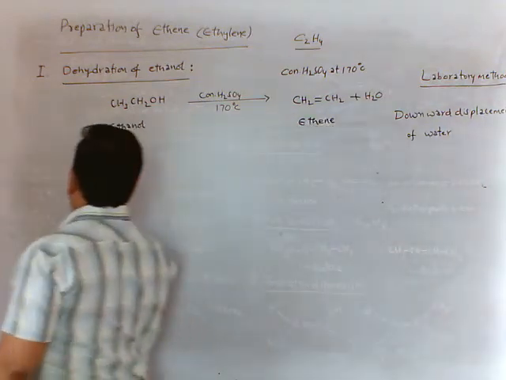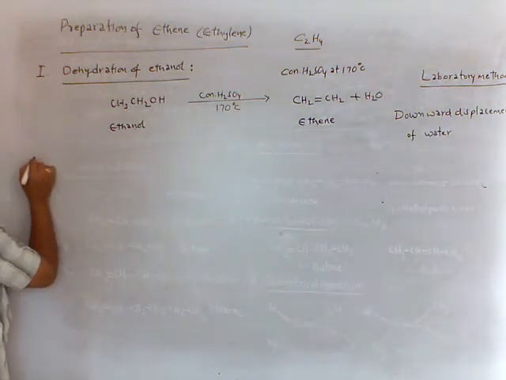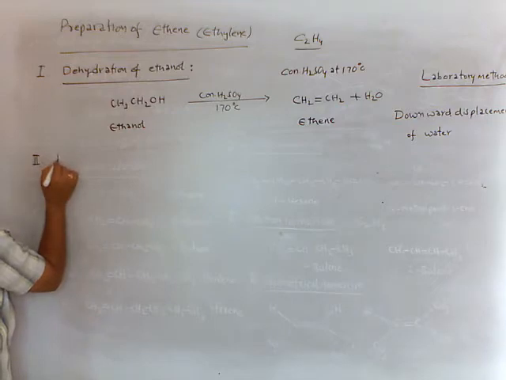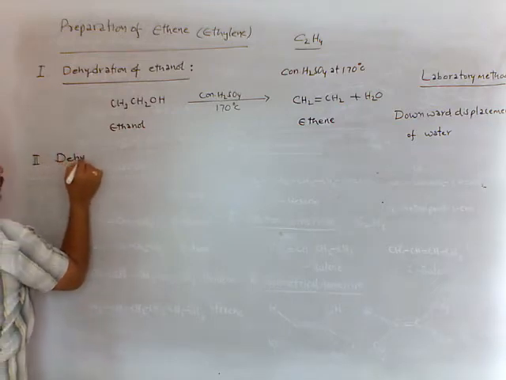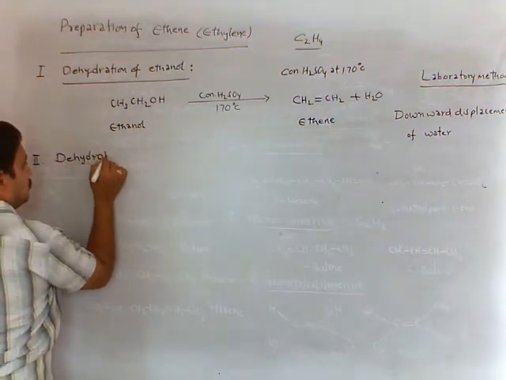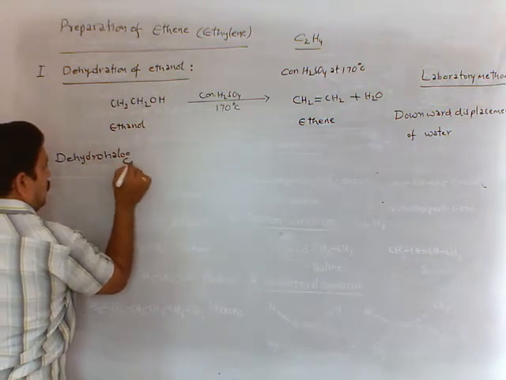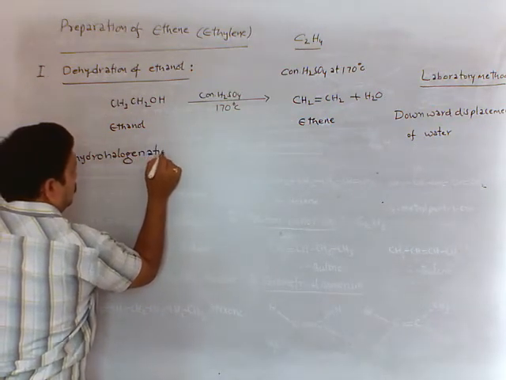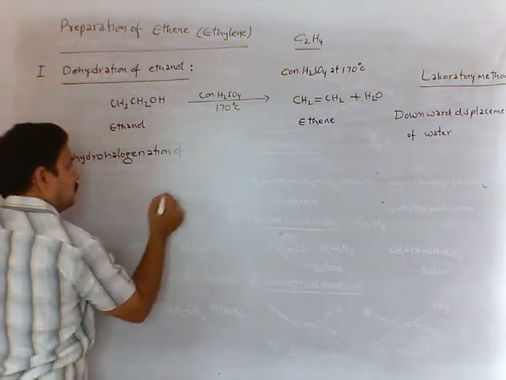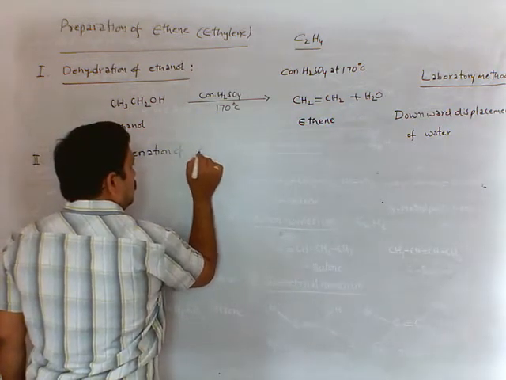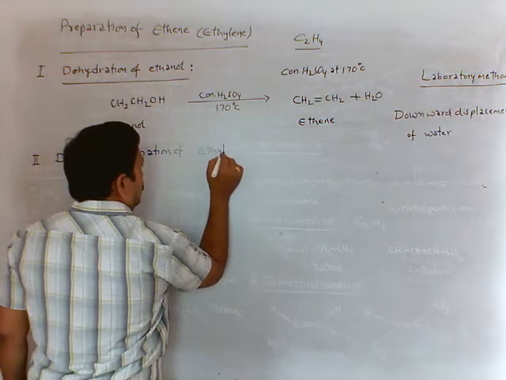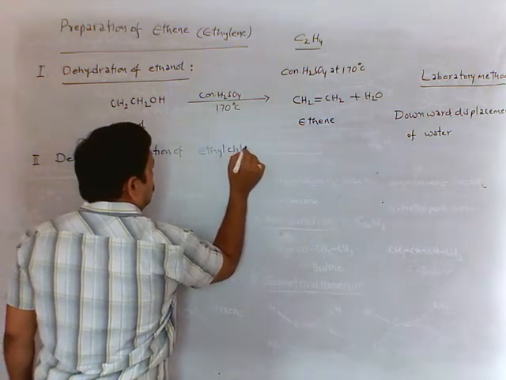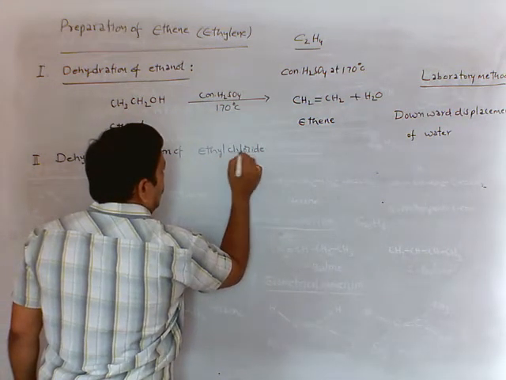Now the second method of preparation is dehydrohalogenation of ethyl chloride, that is an alkyl halide.